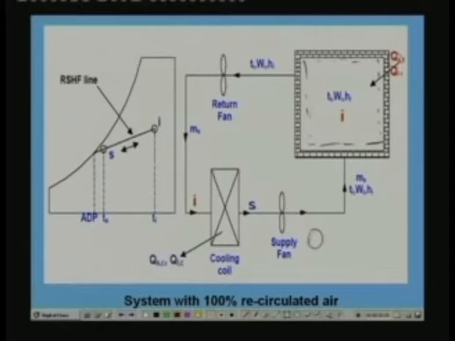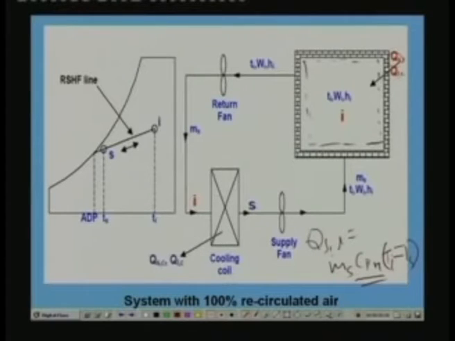That means QSR should be equal to supply airflow rate into CPM, that is the specific heat of the humid air, into Ti minus Ts. Okay, this is the energy balance for the sensible heat portion.